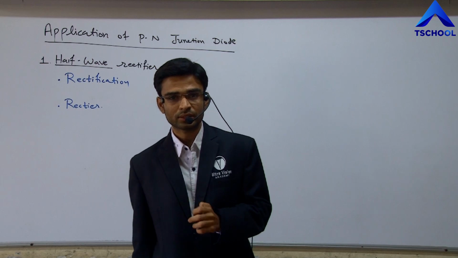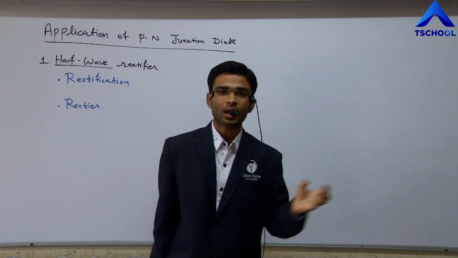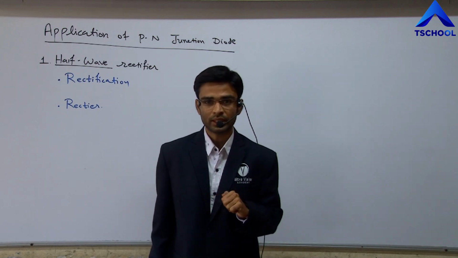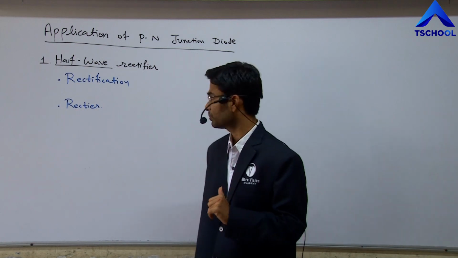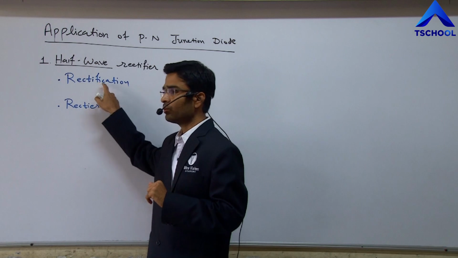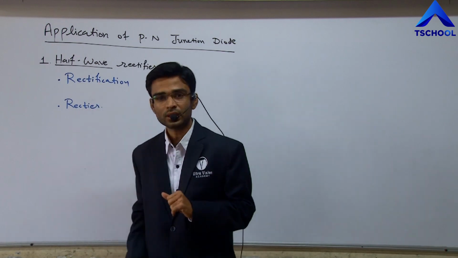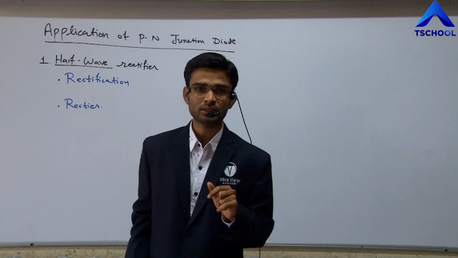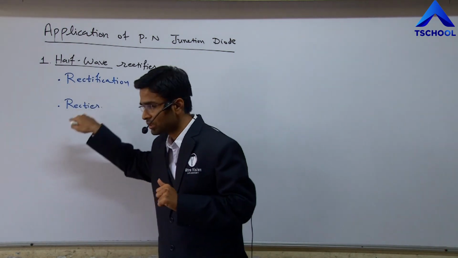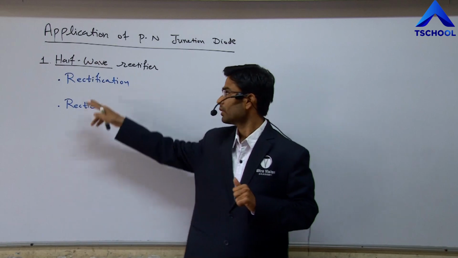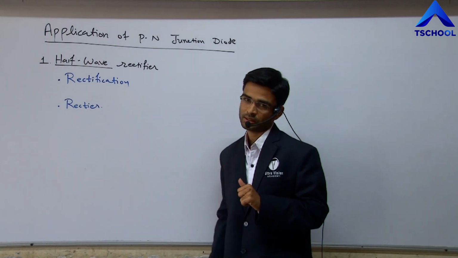AC energy that comes from outside is easily converted to DC energy. The process of converting AC energy into DC energy is known as the rectification process.